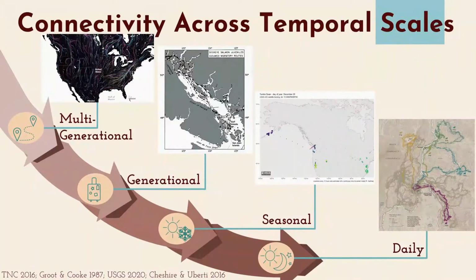It is expected that many of these climatic shifts will occur faster than many species can migrate in a single generation, meaning that it will take multiple generations for a species to adjust to climate change-related range shifts. Here we see a map from the Nature Conservancy's Migrations in Motion project, which modeled the potential habitats for almost 3,000 species using climate change projections and the climatic needs of each species.